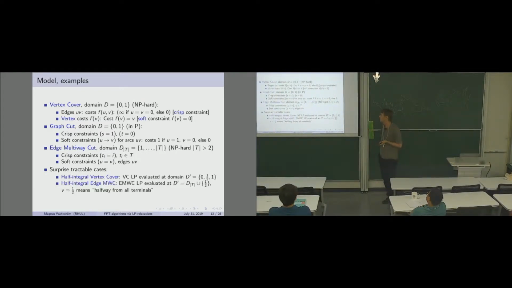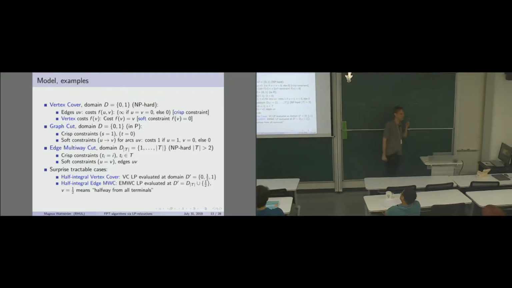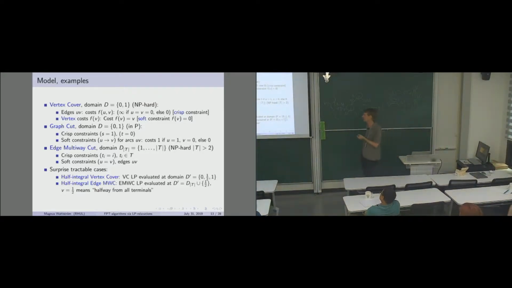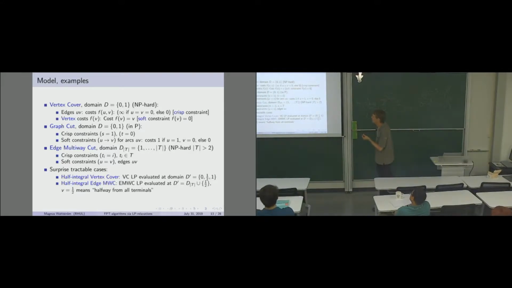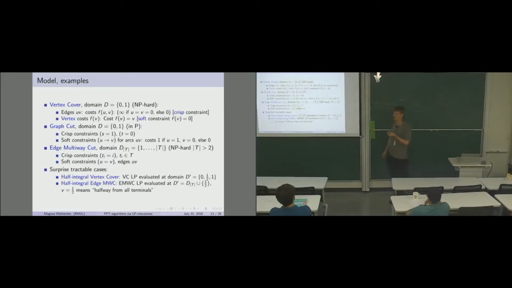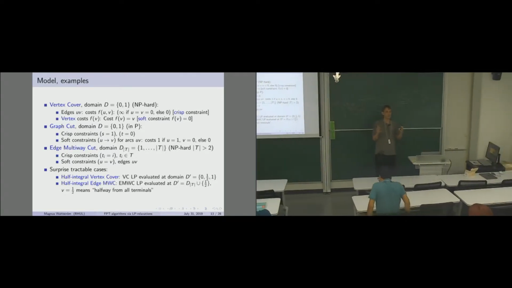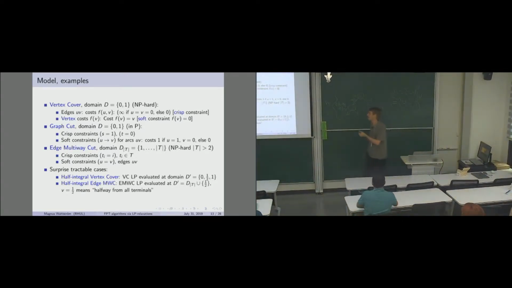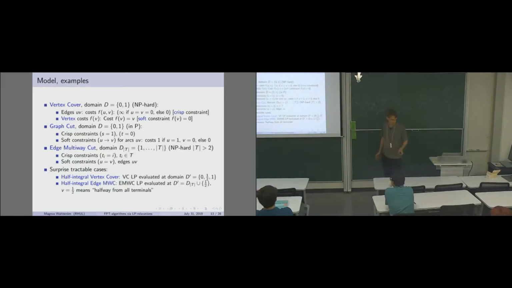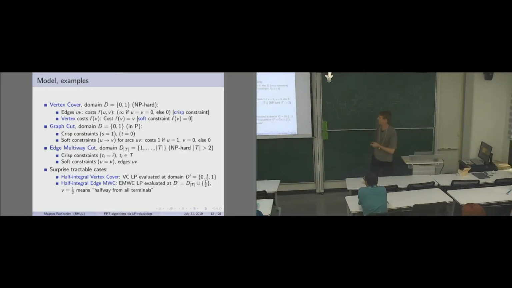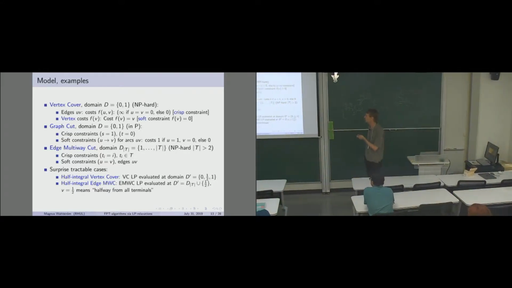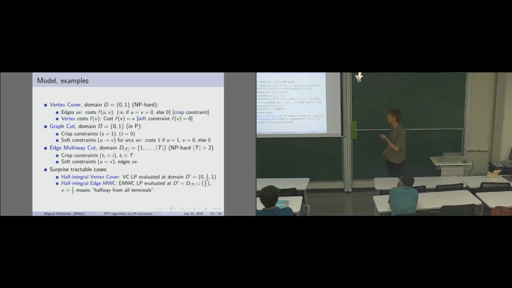And some surprise tractable cases, as I implied on the blackboard. If you just reinterpret vertex cover to take values 0, 1, half, and you write down what the LP does for those, this creates a problem which has a search domain of size 3 and which is tractable. You can solve it through the LP, you can solve it through other means.